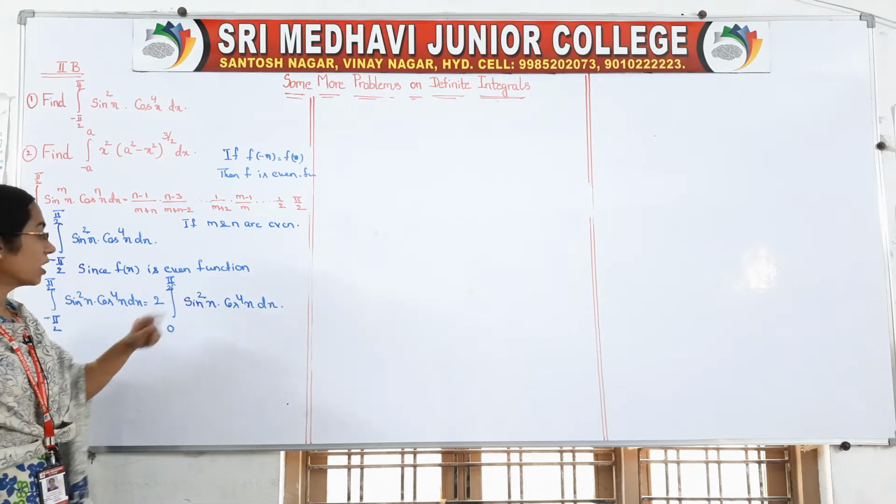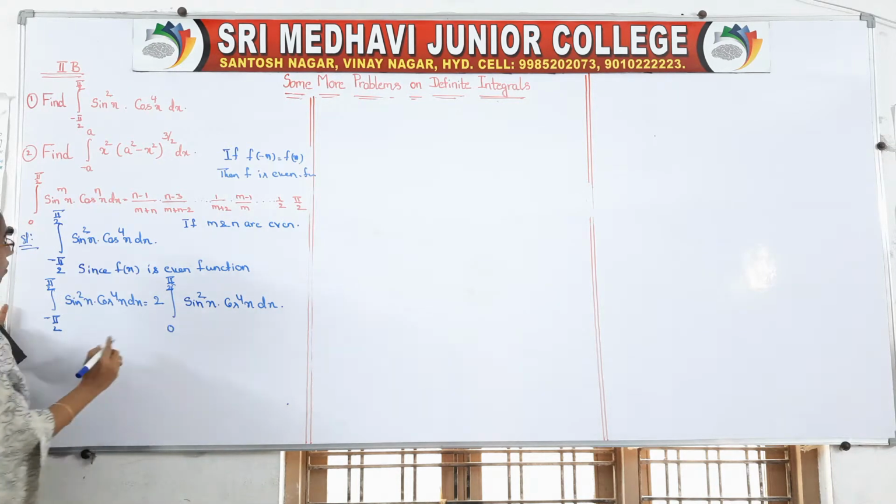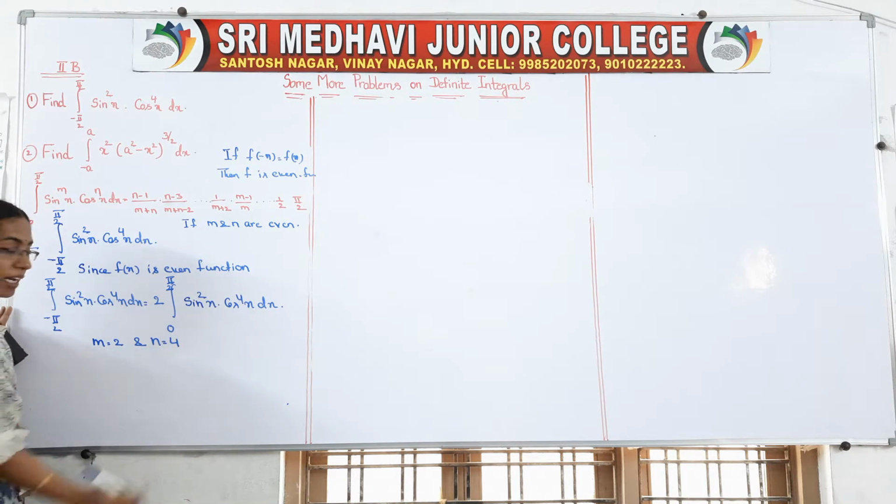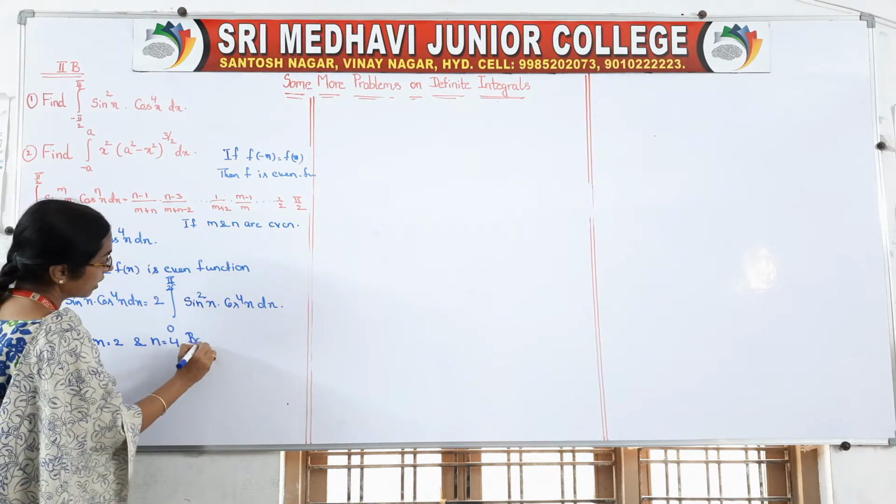Here, what is your m? m is equal to 2 and n is equal to 4. Both are even.